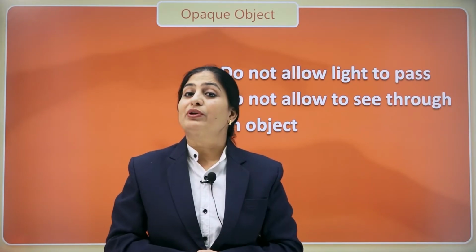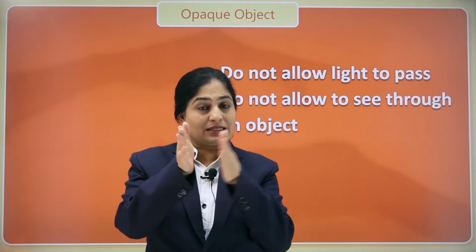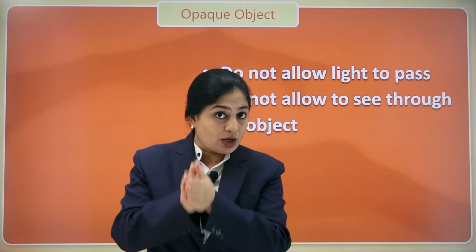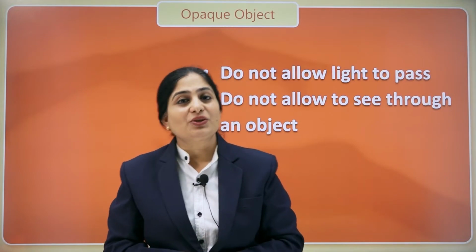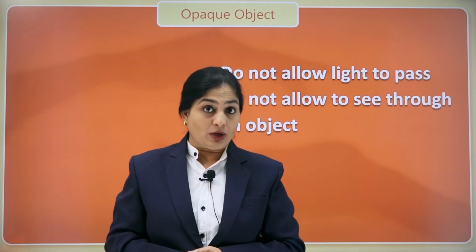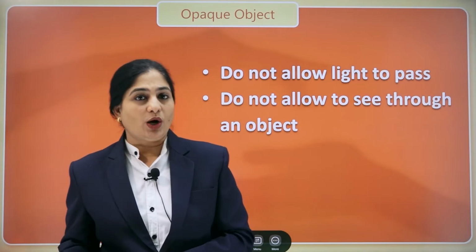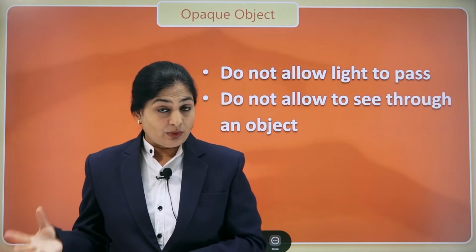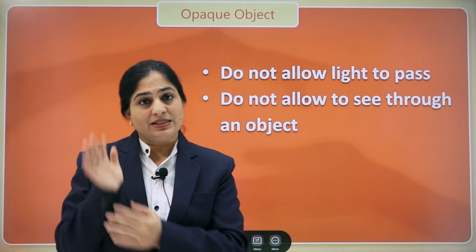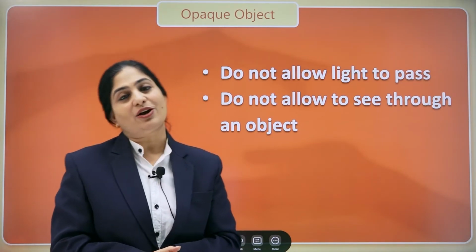For example, a wall: if you pass light on one side, it cannot pass to the other side as it is a solid thick wall, an opaque object. Through an opaque object we cannot see the other side because it blocks light completely. Examples are wall, metal and wood. Light cannot pass through these, so we cannot see the other side of these objects.